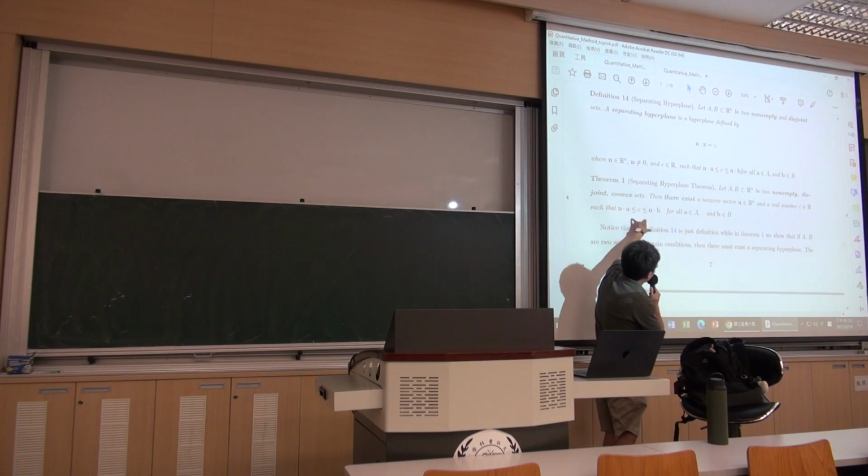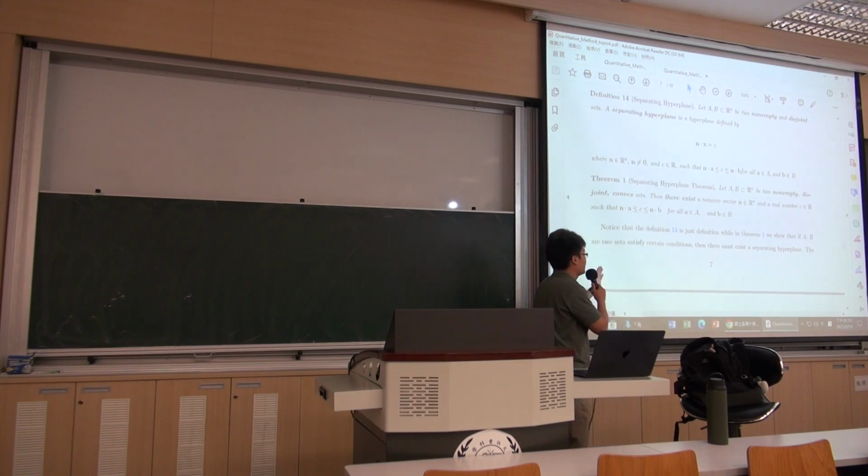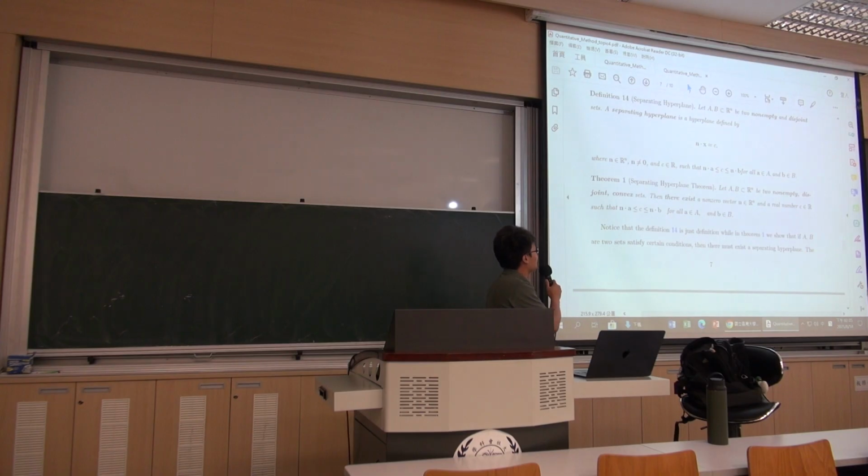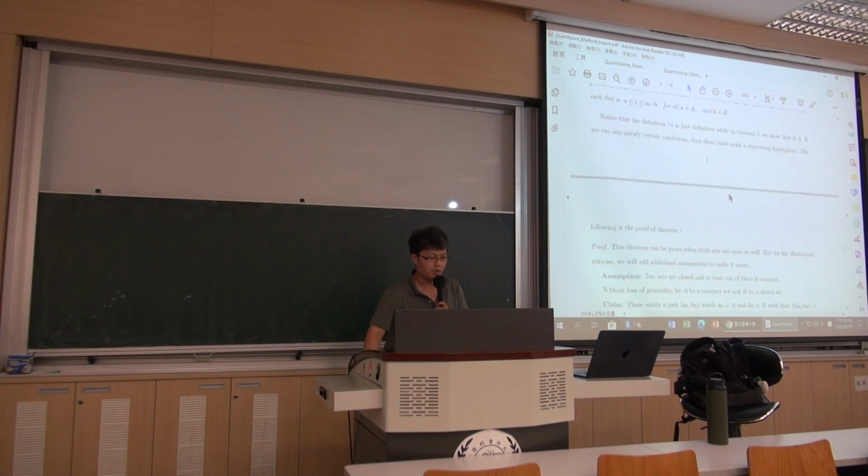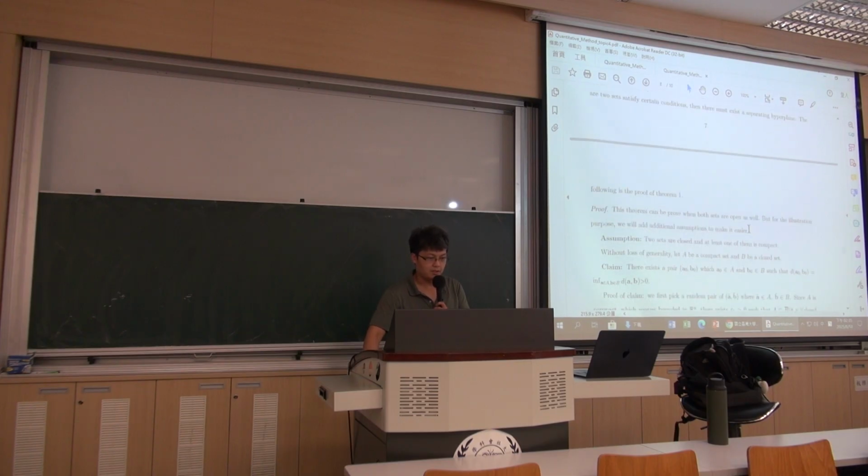So this inequality suggests that we can find a hyperplane that separates these two sets. This is what this theorem is talking about. Now we are going to go through the proof.